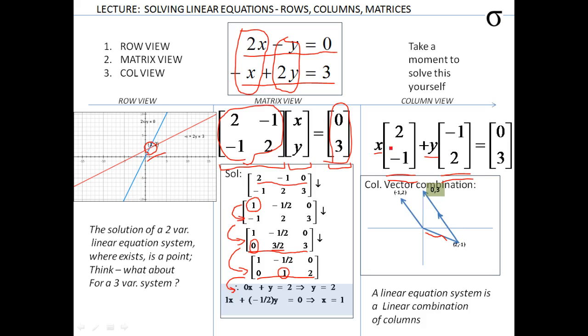You take one part of that, x equal to 1, then you add this vector, minus 1 comma 2, the column vector for y. How do you add vectors? You create a parallelogram of this vector at this pivot, and then 2 times this. Why 2 times? Because y equal to 2, and you would see that what you arrive at is exactly 0, 3.